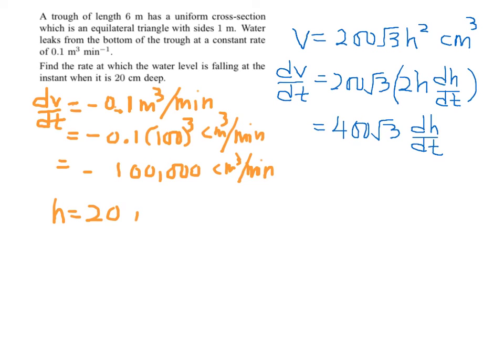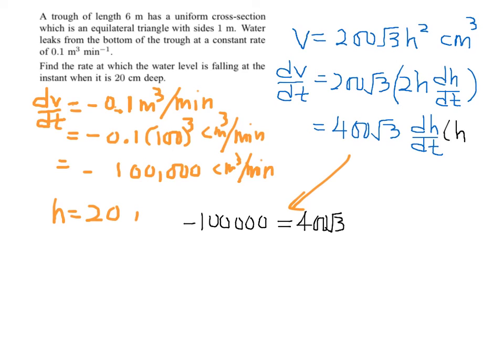And what we do is we put these values into this differentiated equation, and we'll have negative 100,000 for dV/dt, and this is 400 square root of 3, and I think I've forgotten the h here.